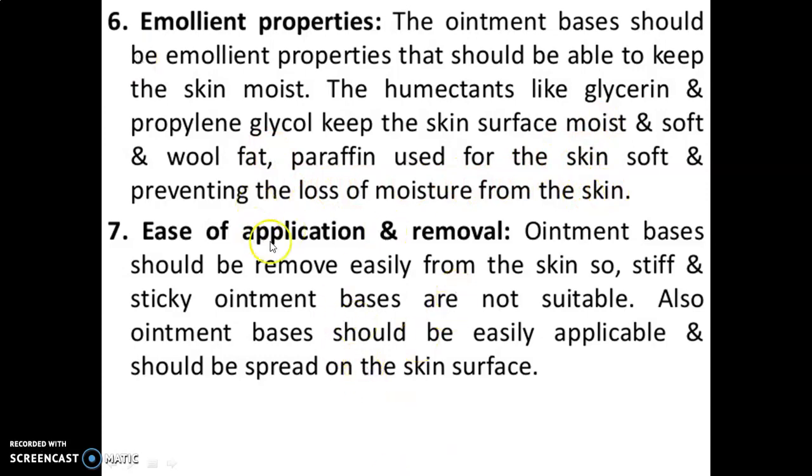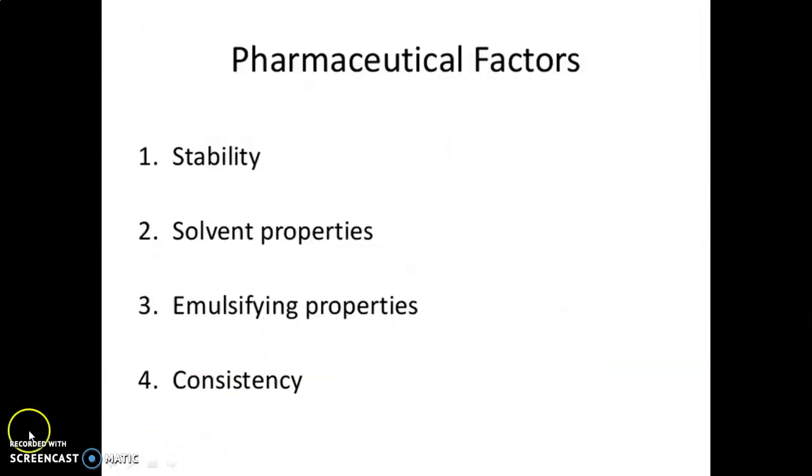Then ease of application and removal. The ointment base should be removed easily from the skin, so stiff and sticky ointment bases are not suitable. Also, ointment bases should be easily applicable and should spread on the skin surface.